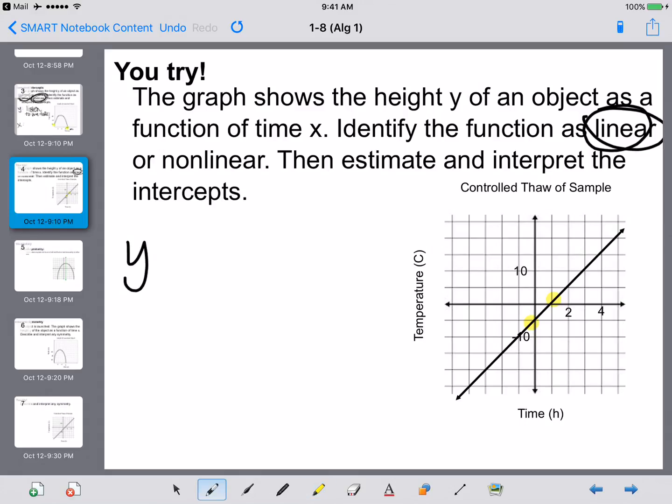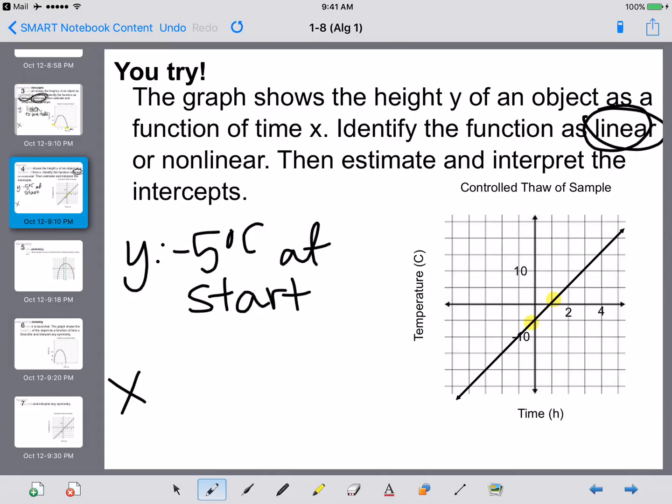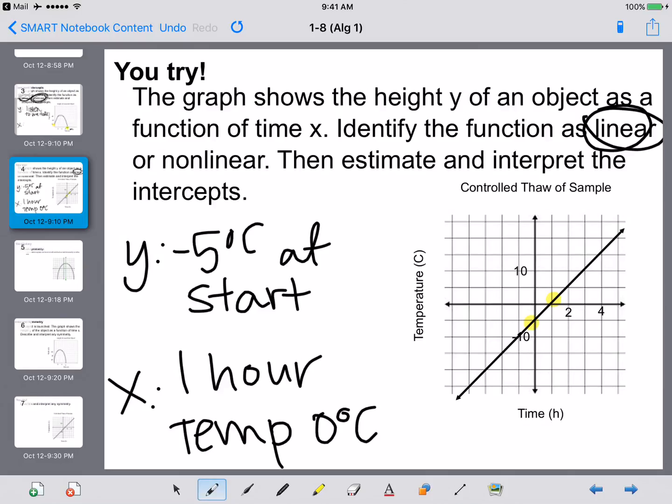Our y-intercept is saying that when we started with our sample, the temperature was -5 degrees Celsius at the start. Our x-intercept is showing us that after 1 hour, the temp is 0 degrees Celsius.